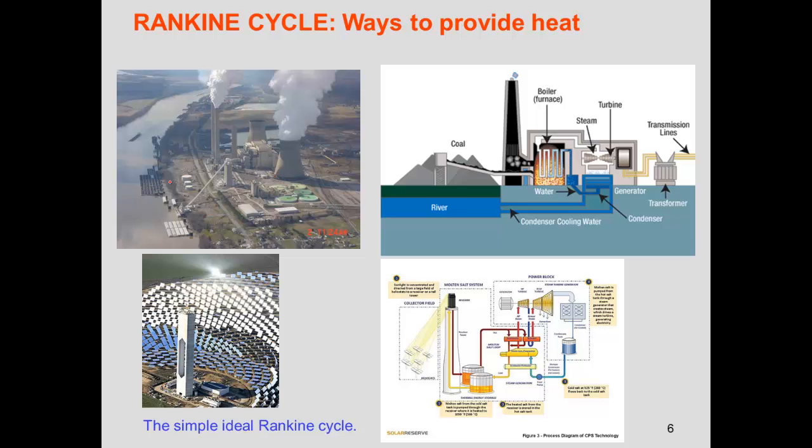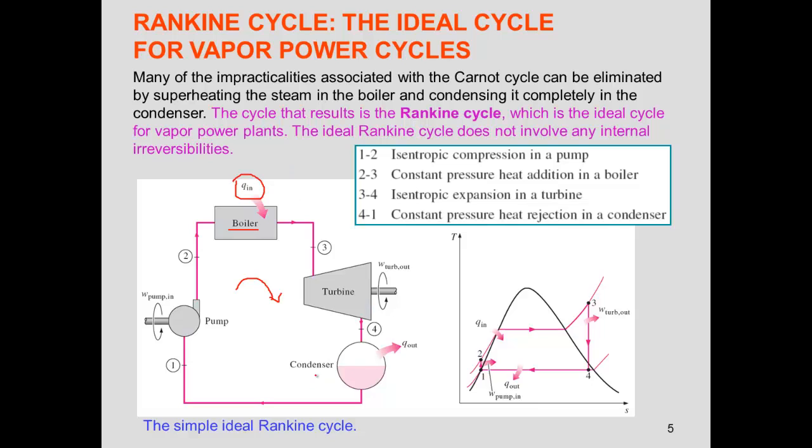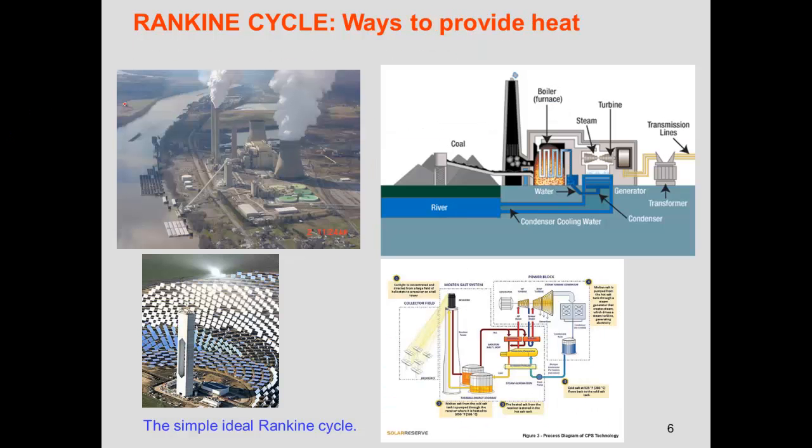You can see here something very interesting. Since we need to condense, we would like to have a source or a reservoir that we can use to reject all this heat, and usually we have rivers, except in Mexico.